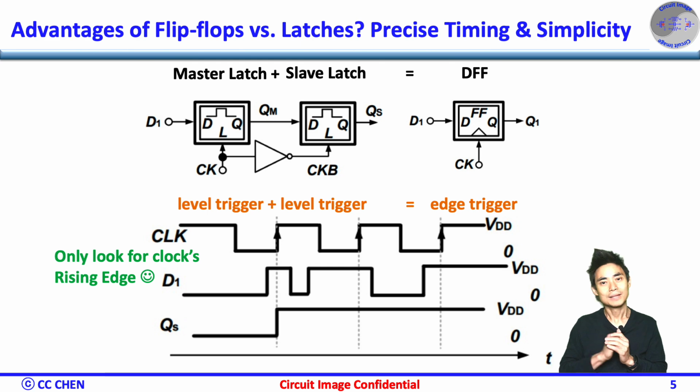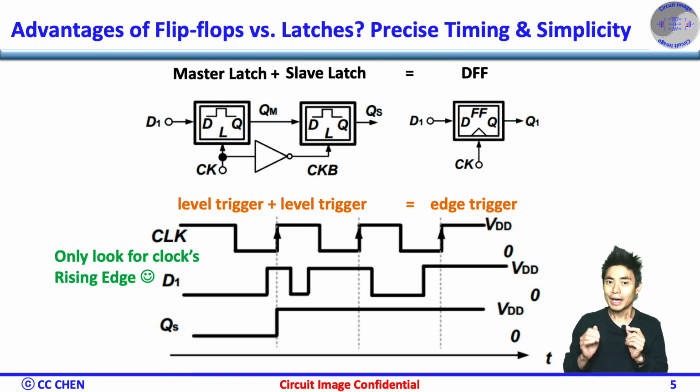Second, the D flip-flop not only mitigates race conditions, but also improves noise immunity. For example, the clock edge could effectively filter out any transition noise or glitch that may affect the input signals.